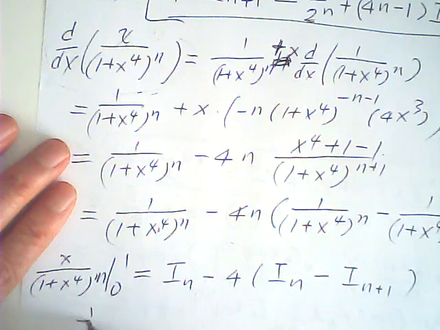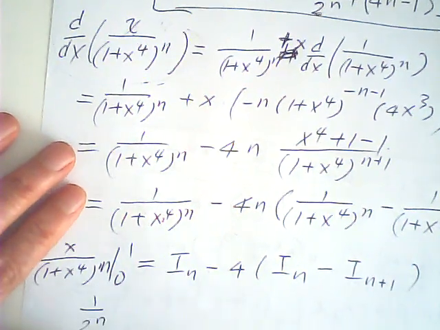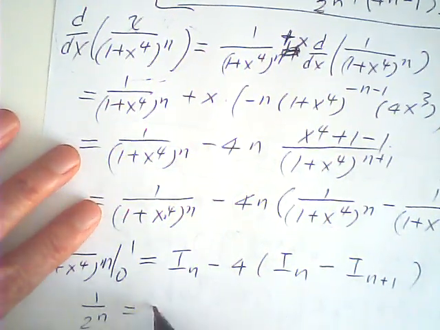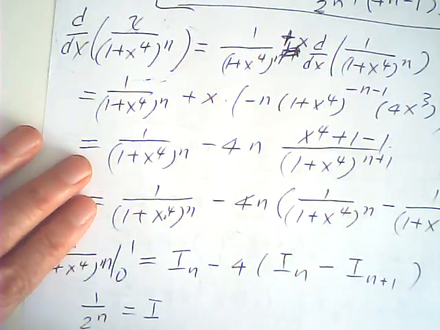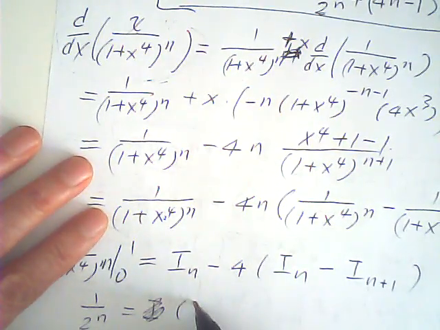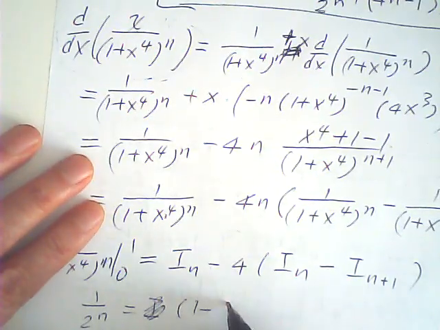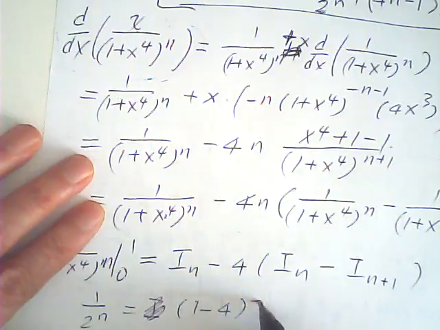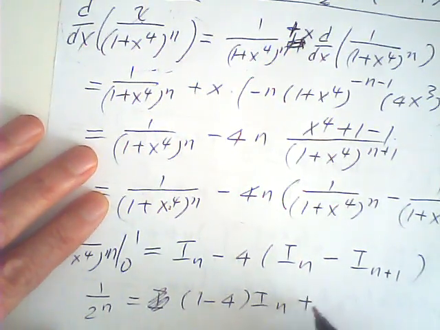So this side is equal to 1 over 2 to the n, equal to I sub n minus 4n I sub n plus 1. Now I combine this one: 1 minus 4n plus 4.